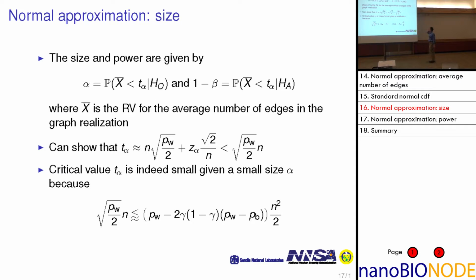So basically, as n grows, it's with respect to the square root of this probability alpha. That would tell you that you sum up those x's when it's essentially less than that value, and that's your statistical power. And this critical value, this T alpha, is indeed small given a small size alpha because you can do this approximation.